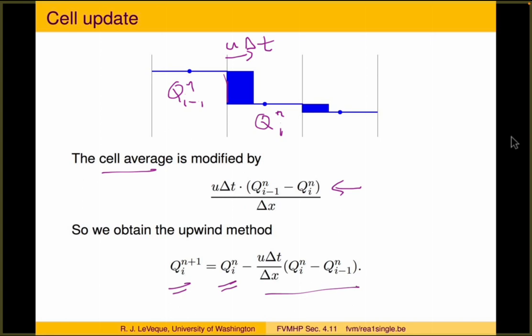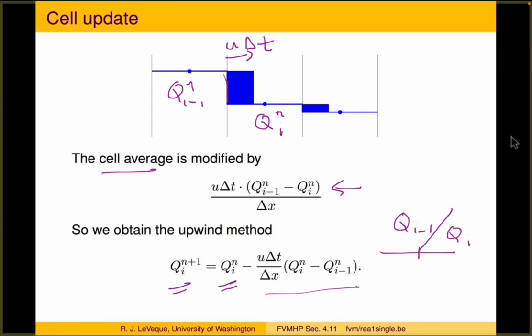A different way of viewing it is in terms of the effect that this one wave has had on the cell average. And notice that this jump in Q is the magnitude of this wave that's moving into the cell. In terms of the solution of the Riemann problem, Q_i minus Q_{i-1} is exactly the jump across the wave. Since it's the advection scalar equation, the entire jump between Q_i and Q_{i-1} is carried by this one wave.